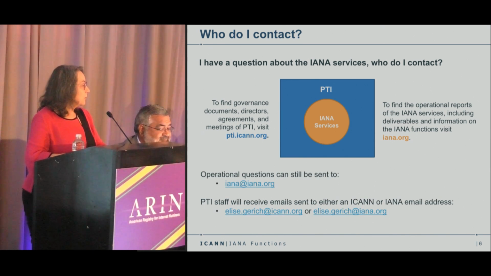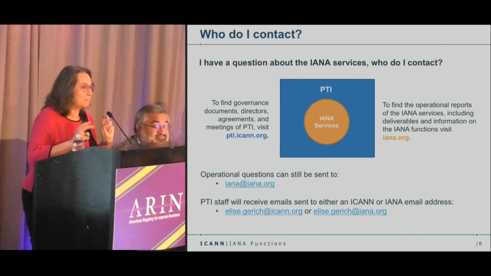If you have operational questions, you can send them to IANA@IANA.org. And if you're reaching me or someone else on the IANA department staff, you would just send it to elise.gerich@icann.org or elise.gerich@iana.org, or fill in the appropriate name.